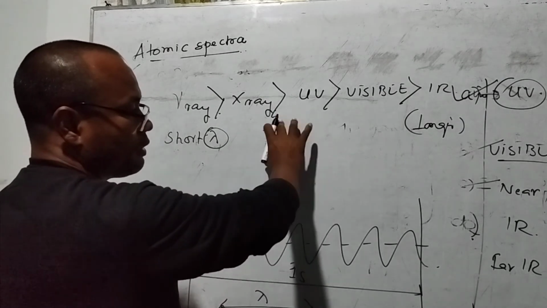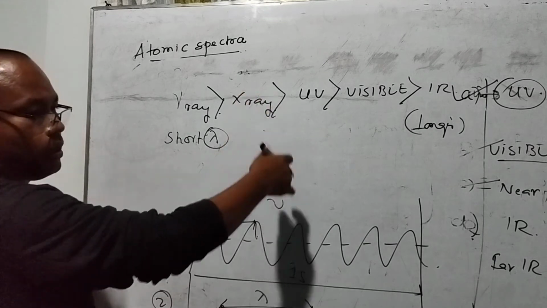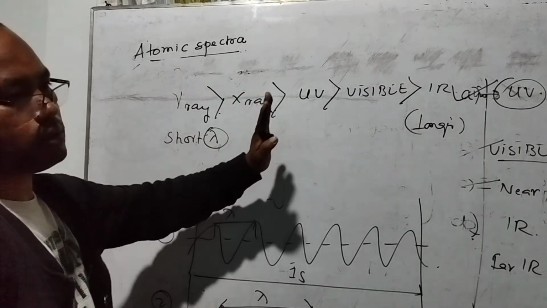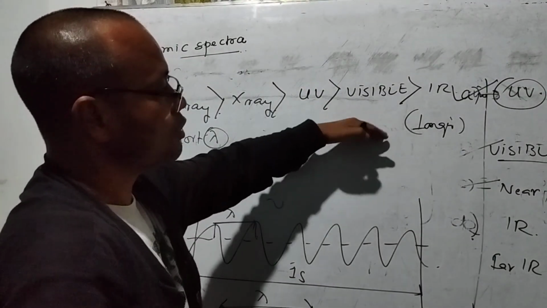So by giving the different types of the series, they may ask you which of the following series has the longest wavelength, or the shorter wavelength.